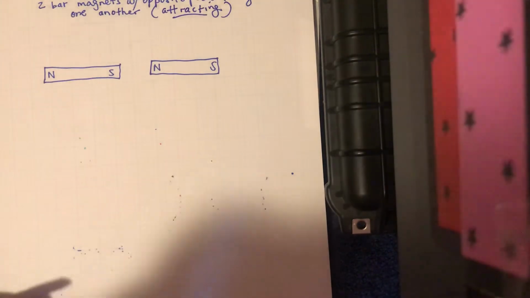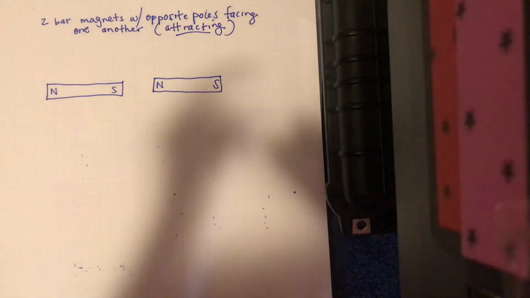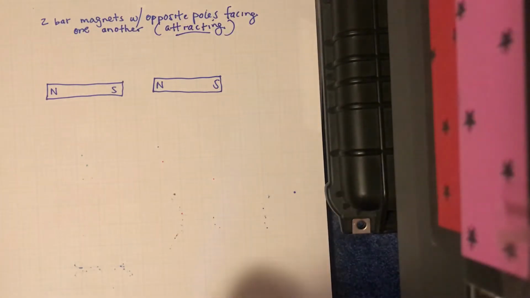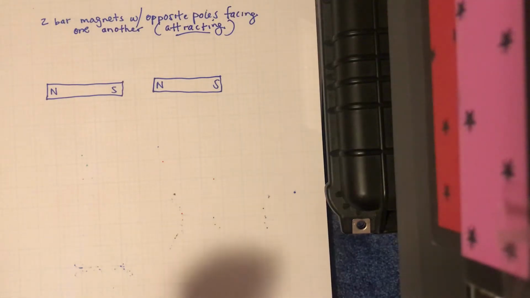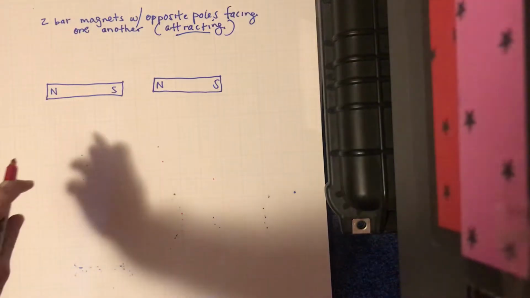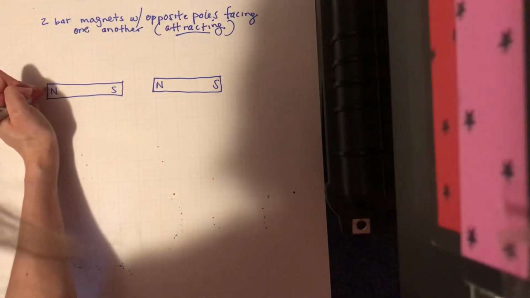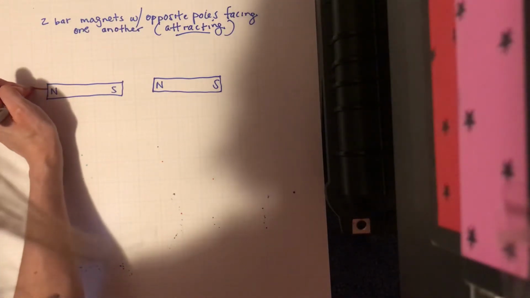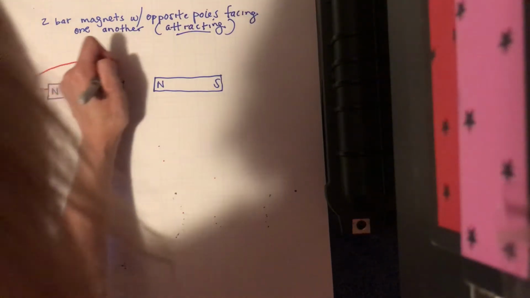Okay, so we're just going to draw this. So first of all, we know that when we're drawing magnetic field lines external to the magnet, we are going to draw them from north to south.